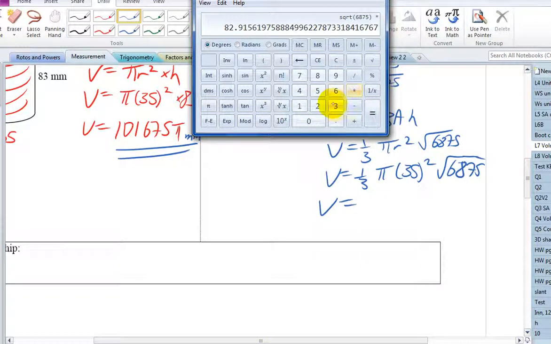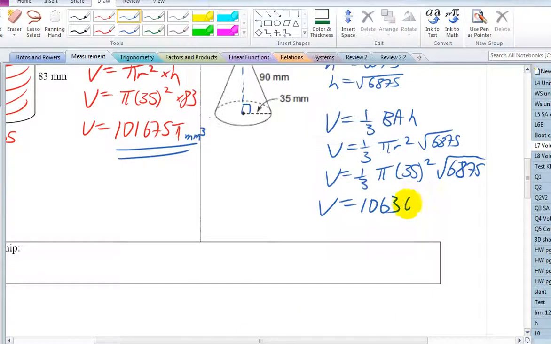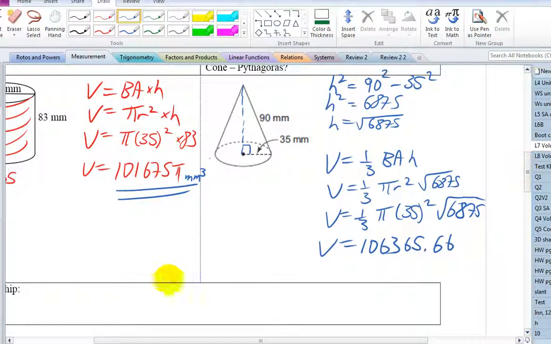Times this by 35 squared, times it by pi, times it by 1/3, which is just like dividing by 3, and you get 106,365.66. Okay. Now this relationship still exists with the cone and the cylinder. If I take the cylinder and divide by 3, I'll get the cone volume. Or if I times it by 3, I can go from the cone to the cylinder.